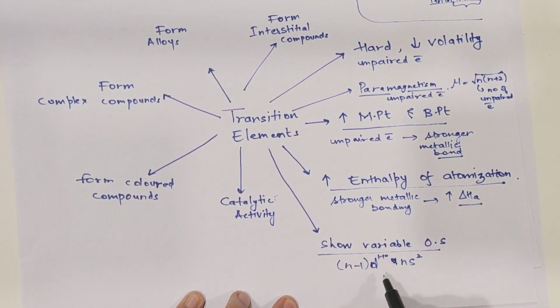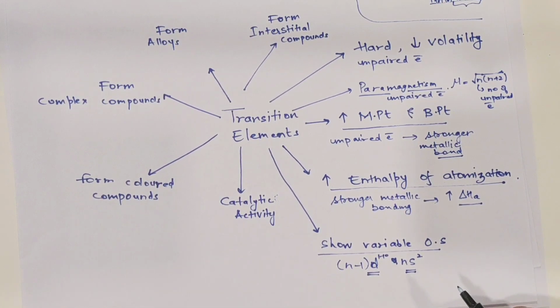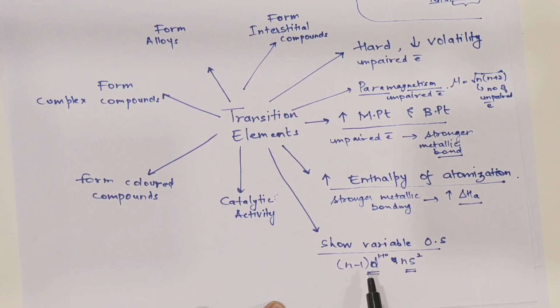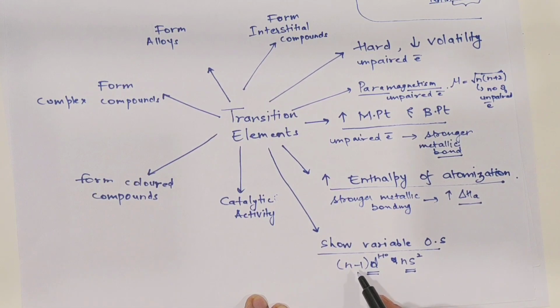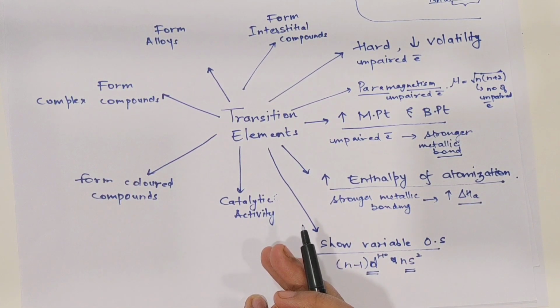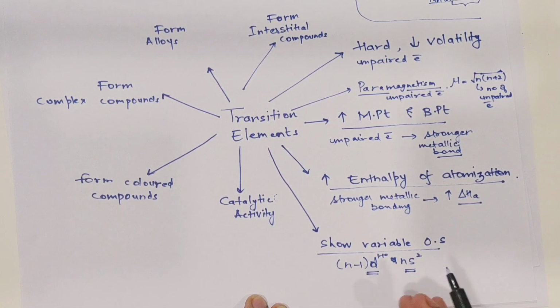Now, the energy difference between the d subshell and s subshell is very low. Because of the low energy gap between the two subshells, the electrons present in them all take part in bonding. That is why it shows many oxidation states. These two electrons would take part in bonding, then one electron from d would take part in bonding, then the next electron would also take part in bonding, and the next would also take part in bonding. So you would see many oxidation states in case of transition elements because the energy gap between the two subshells is very, very low.